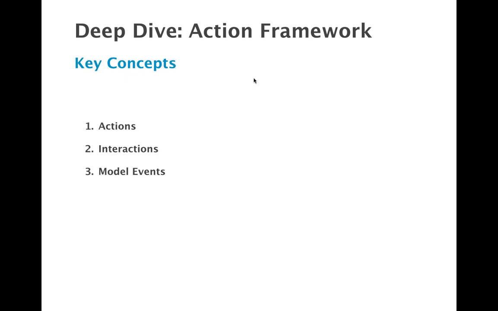So really common examples of this would be whenever a model is saved, maybe you want to update another model, to keep the models in sync, model synchronization. But there's other use cases for this as well. So these two and three, the interactions and model events are entry points for what we call actions.